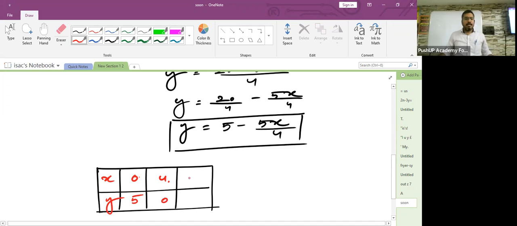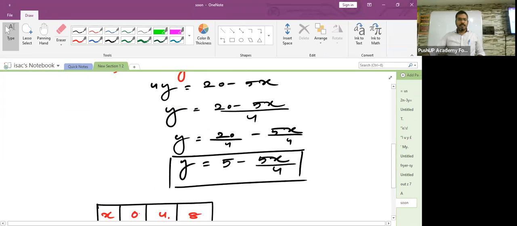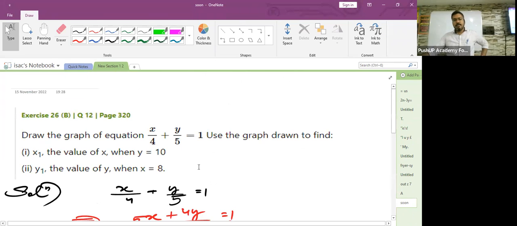Now the third value, 8. If you take x as 8, very good, 5 minus 5 into 2, 10. 5 minus 10 is how much? Minus 5. All right, so we got the table. Now we have to convert this into a graph. Do it fast.